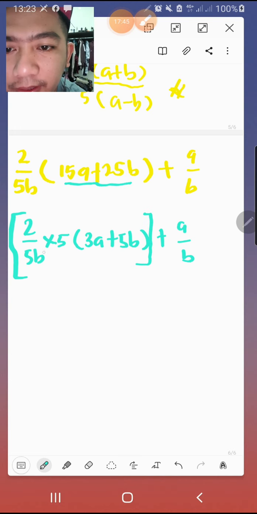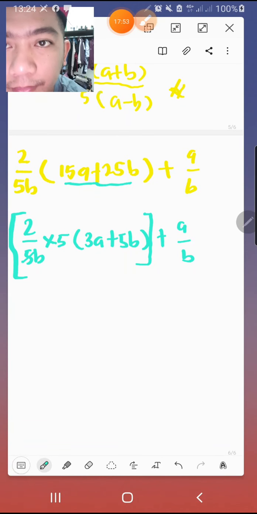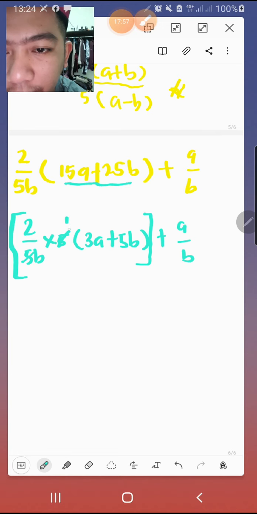Alright, so now look at here first, the multiplication. Can we simplify this algebraic expression? Yes. 5 with 5, so it will become 1 and 1 here.